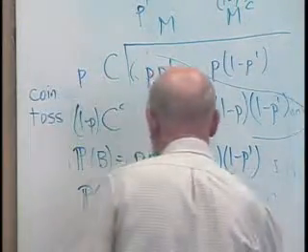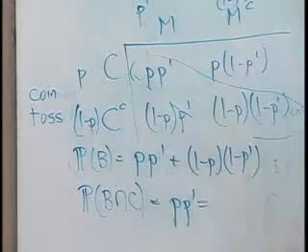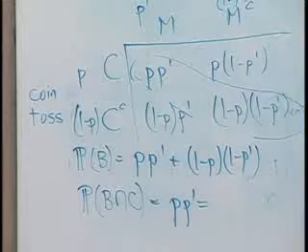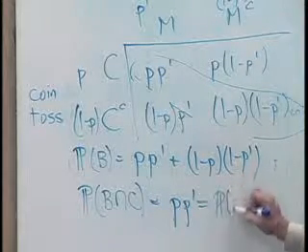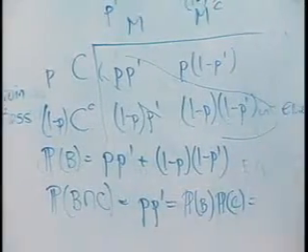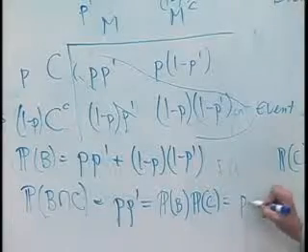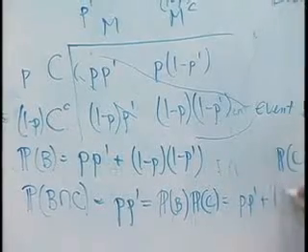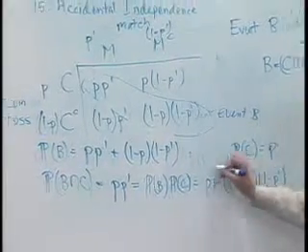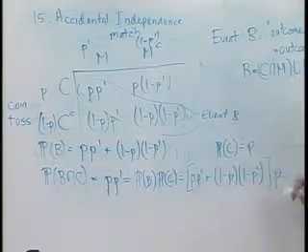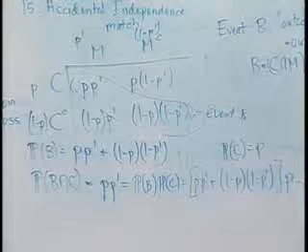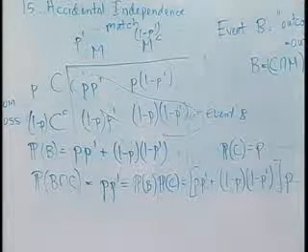It has probability P prime. And the two events are independent if that's equal to the probability of B times the probability of C, which is equal to P prime plus 1 minus P times 1 minus P prime, all multiplied by P. You can see what I mean when I say the algebra is not particularly enlightening. It gives you the right answer, but it doesn't really let you know what's going on.